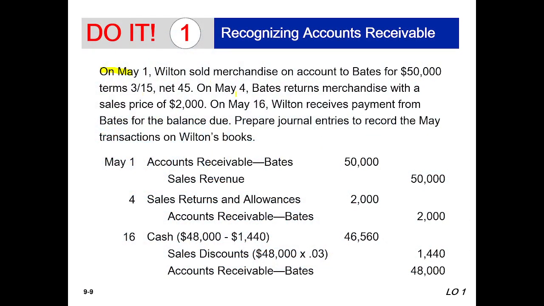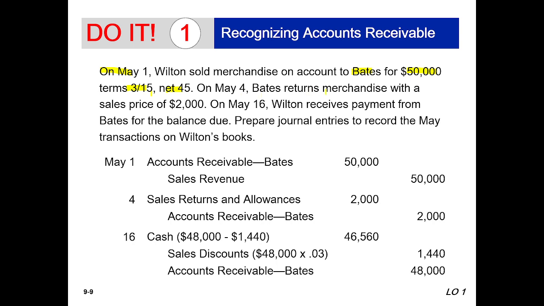On May 1, Wilton sold merchandise on account to Betts for $50,000, terms 3/15, net 45. That means if they pay within 15 days, they will get a 3% discount.